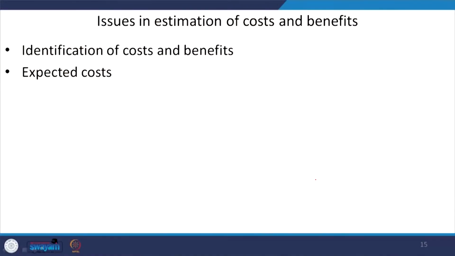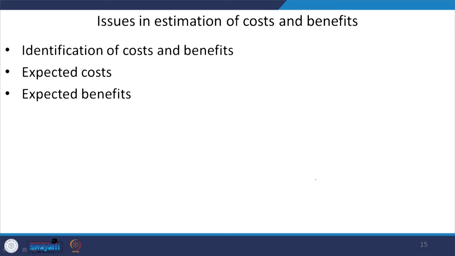And the second factor is the expected costs. Here we are saying that all the costs are to be converted into monetary units, and the costs are spread over a period of time, for 10 years let us say. You are sure about the present year or first year costs, but for the implementation of a particular policy in the second year or third year, this is the likely cost.